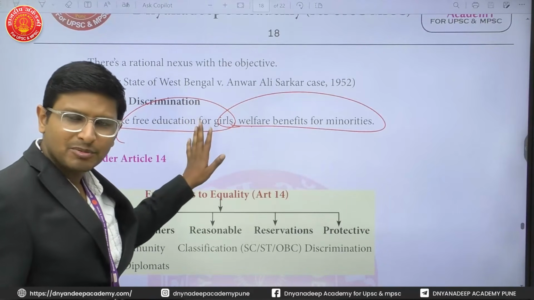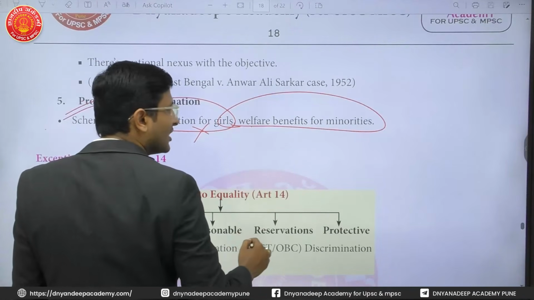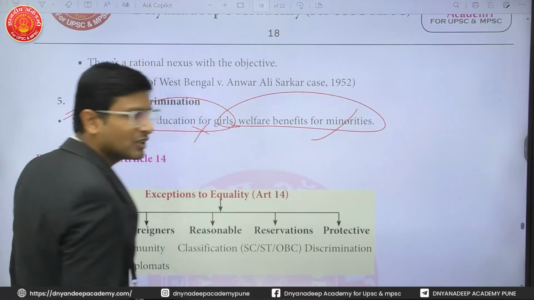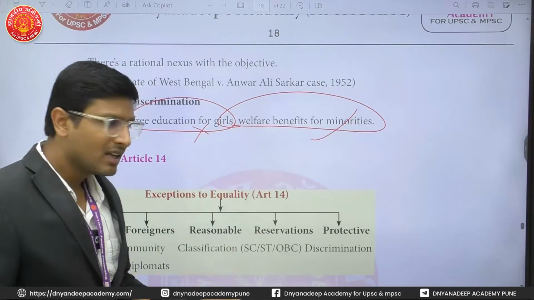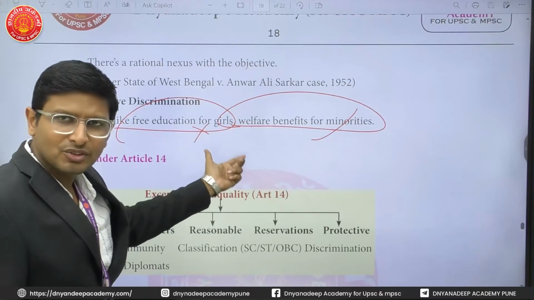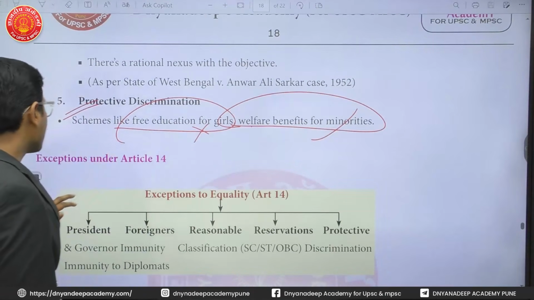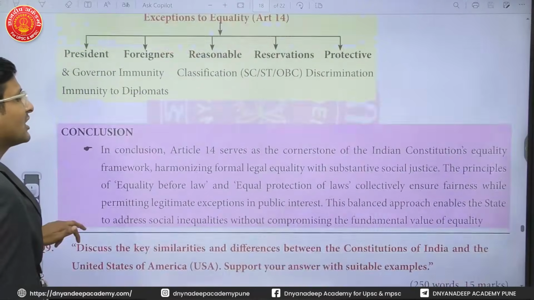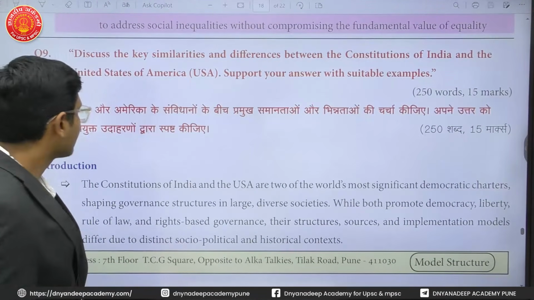That is why these are exceptions. You cannot say that these girls or these minorities have been given something special, so this goes against equality. This is allowed. Why? Because these are vulnerable sections of society. For them the exceptions are allowed. And this is asked in the question: what are the different exceptions to the right to equality?